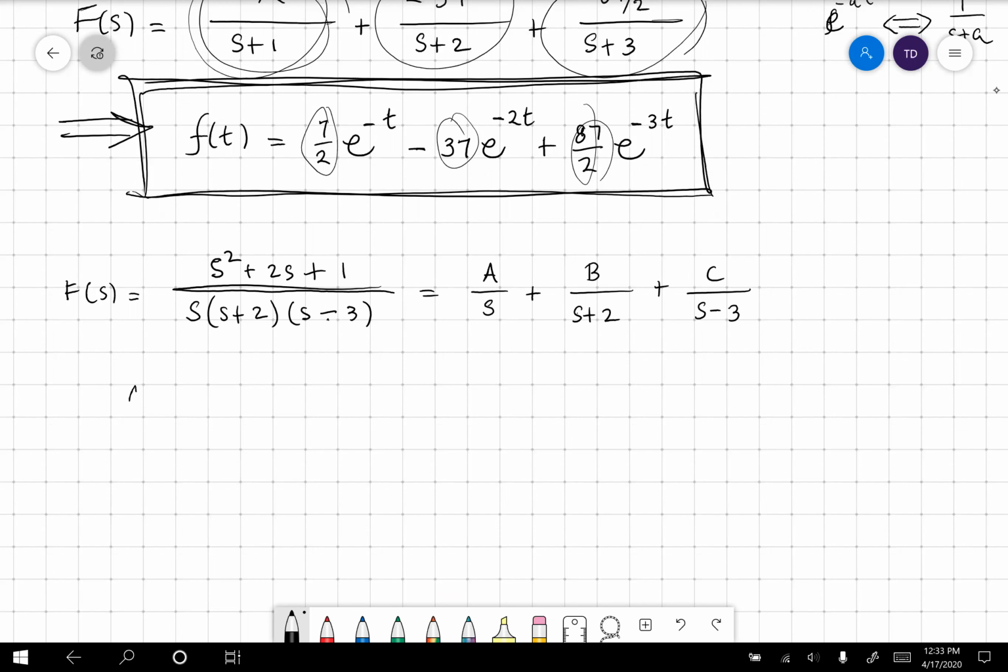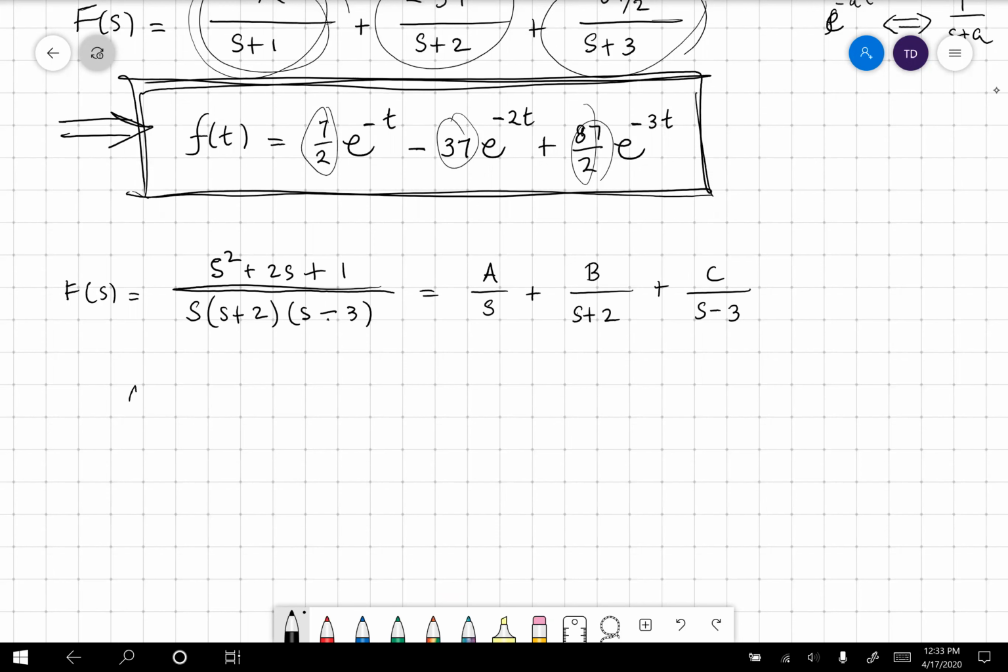So there's A, there's B, and now I just want to find C. So C is equal to s minus 3 times F of s, evaluated when s is equal to positive 3. And that's equal to s squared plus 2s plus 1. Numerator is the same every single time. The denominator differs. This time it's s times s plus 2. That's evaluated when s equals 3.